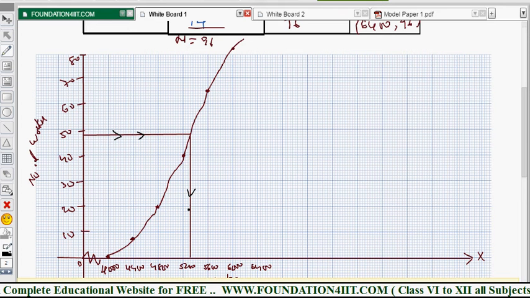It touches approximately here. Clearly observe that 1 centimeter is 400 units.